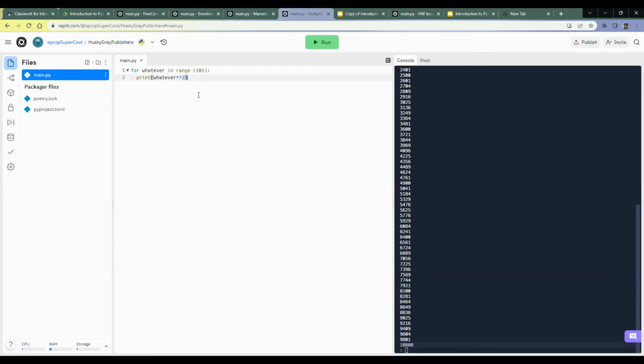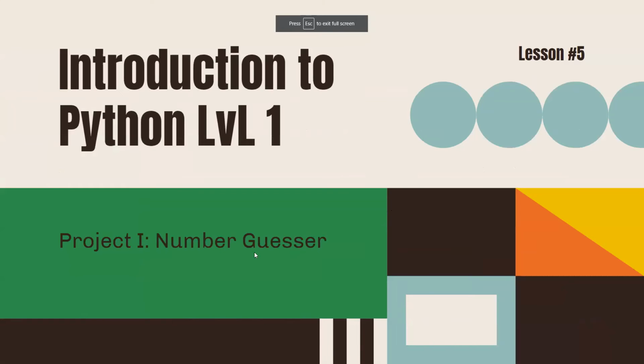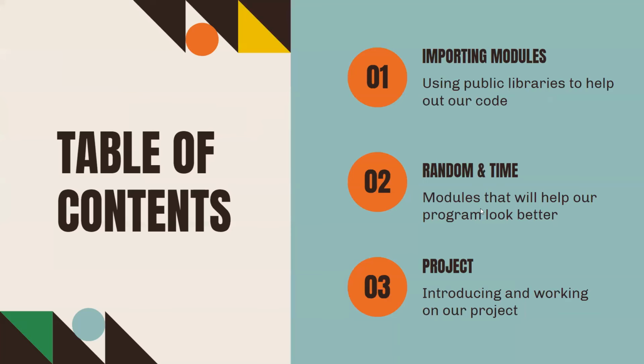Okay, so now we've done homework. Let's start on with our lesson for today. Today we're actually going to be doing a project, which is pretty exciting. What we're going to be doing is a number guessing game. So let's look at the content.